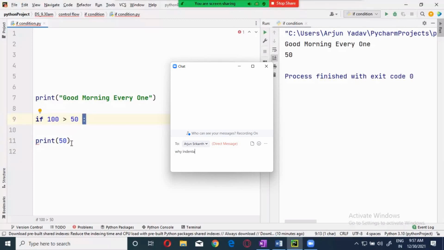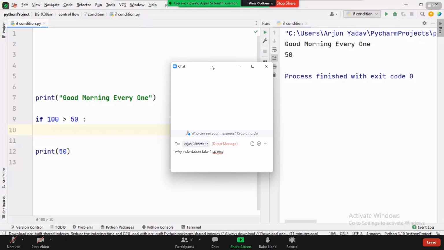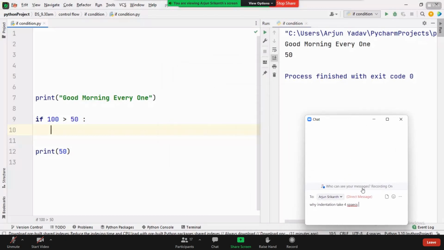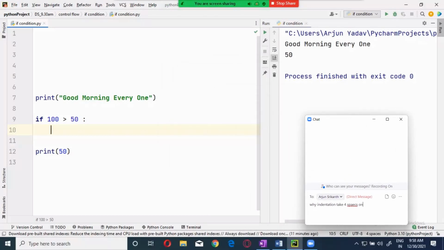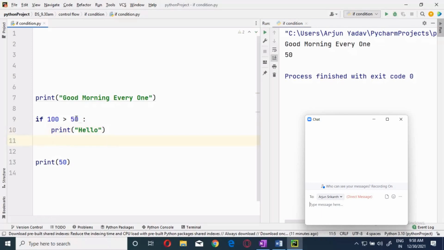This spacing is called indentation. Now you may ask me how much space I can give. There is some basic understanding you have to know, because we are going to use indentation in many places. Remember that. If I have a print over here, print hello, and then the next statement comes, the next statement should also have the same indentation.